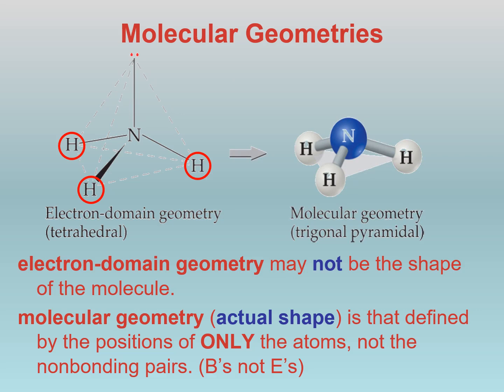Your electron domain geometry over here is tetrahedral. But for the same molecule, if you're looking at the molecular geometry, you don't look at these unpaired electrons, so your actual shape is trigonal pyramidal. By the way, this is the ammonia molecule.